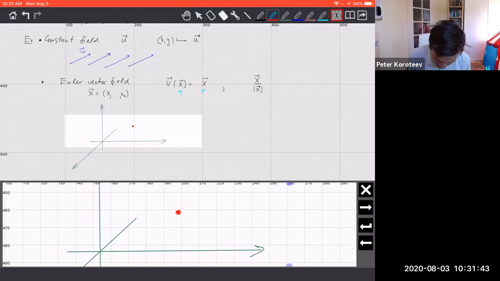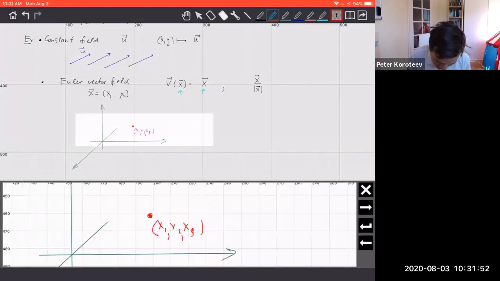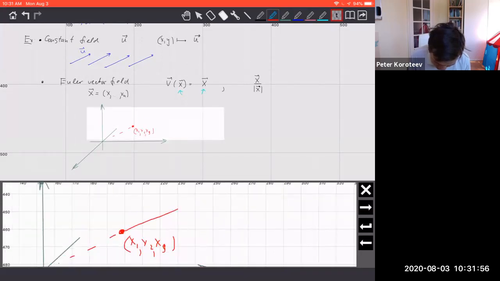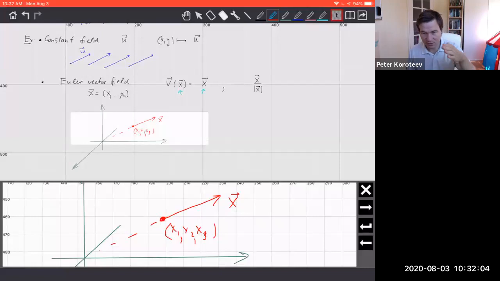Say this point has coordinates x1, x2, x3. Then we attach a vector to this point with the same coordinates. And of course, it should belong to the ray, the line that goes through the origin.